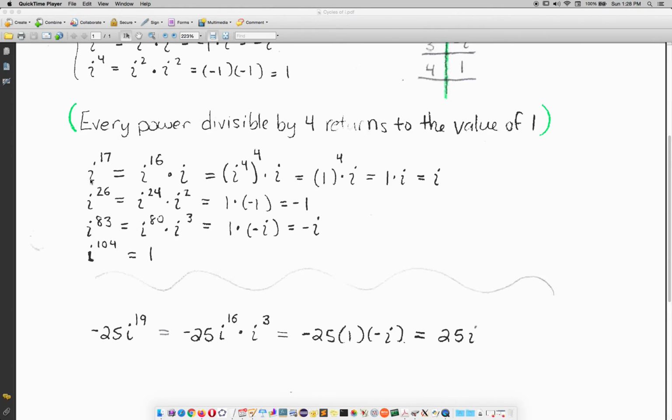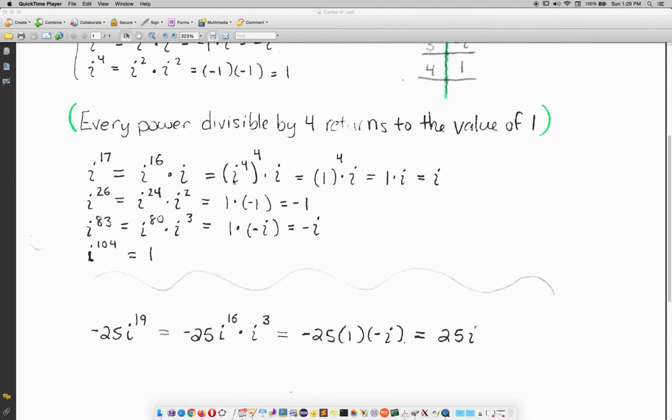Can we understand i to the 17th? Yes. You see, i to the 17th is nothing more than i to the 16th times i. And 16 is perfectly divisible by 4. Now in this first example, I'm going to rewrite i to the 16th as i to the 4th raised again to the 4th. I won't do that again, but let me at least do that once.